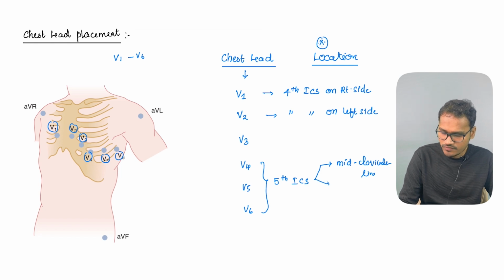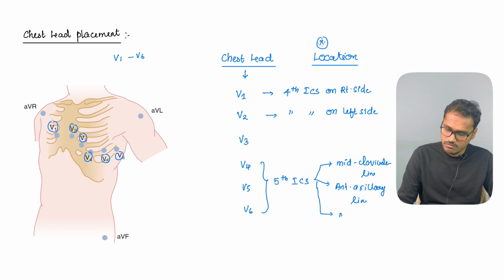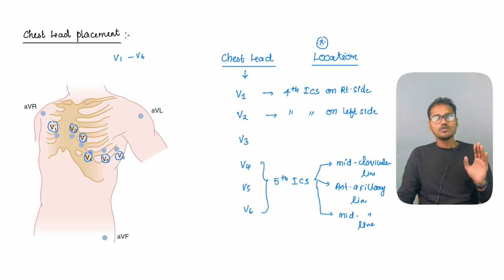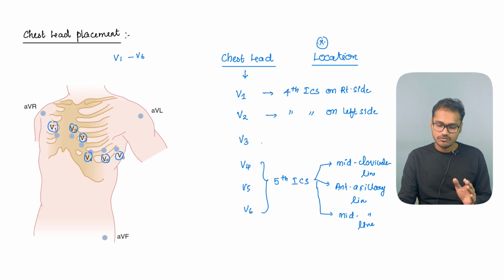Then V5 is going to be placed in the anterior axillary line. These are anatomical landmarks, the anterior axillary line. And V6 is going to be placed in the mid axillary line. So V4, V5, V6 all go to the same intercostal space, the 5th intercostal space.